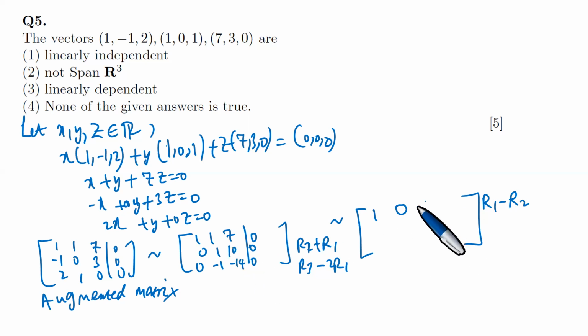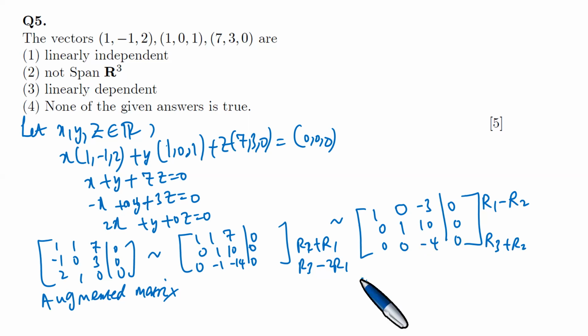Minus 3, 0, 0. Row 3 plus row 2. 0, 0, minus 4. Minus 1 over 4, row 3.